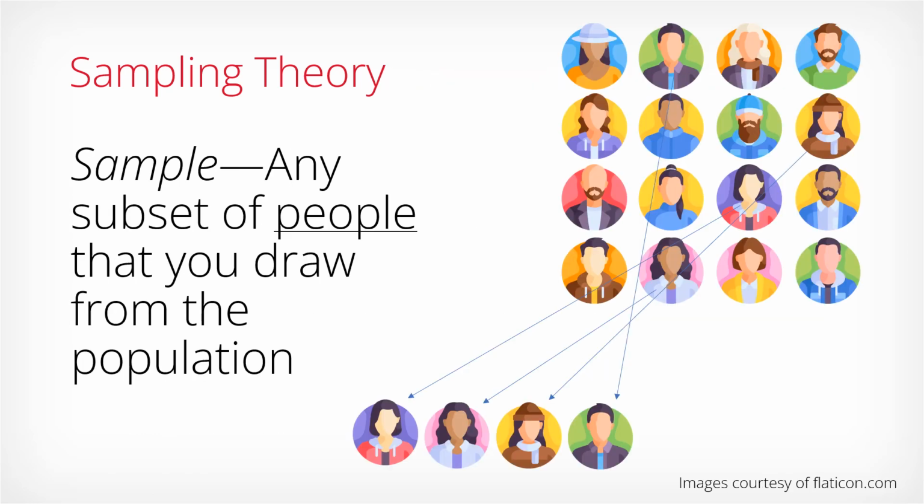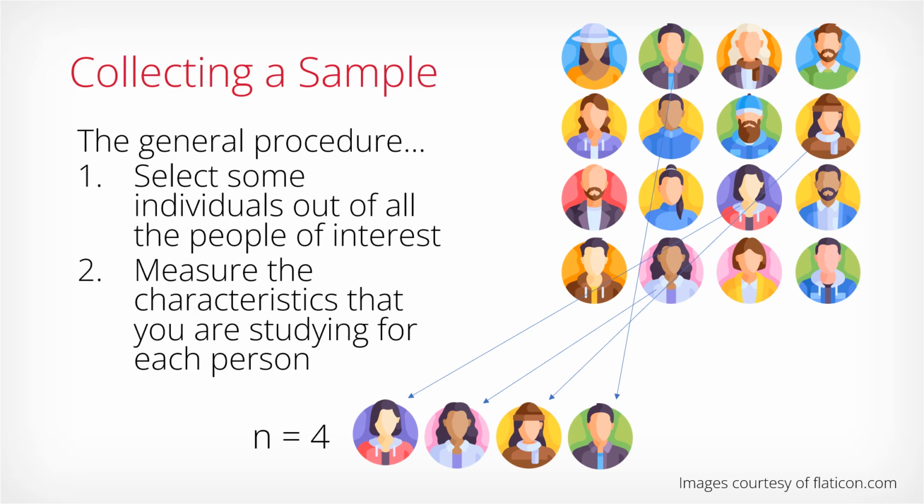A sample is any subset of people that you draw from the population. So to explain it at the most basic level, you select some individuals out of the population, and then you measure whatever characteristics you're studying. In this case, we've drawn a sample of 4 individuals from the population.